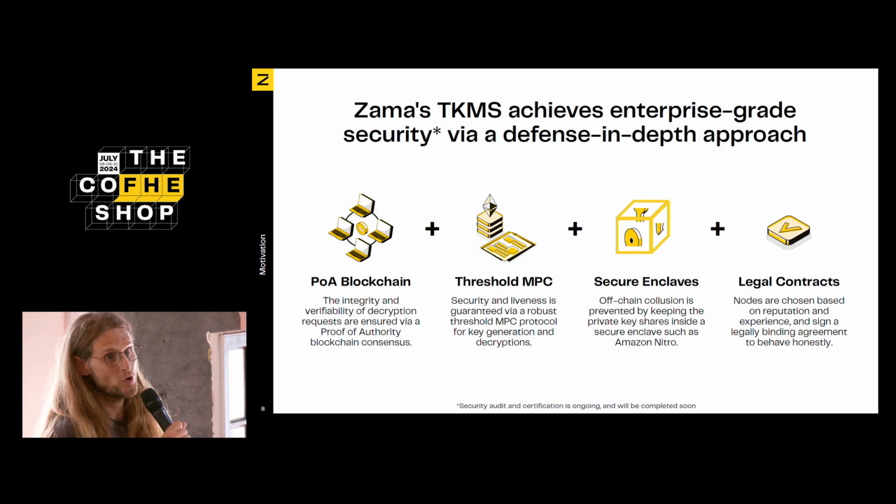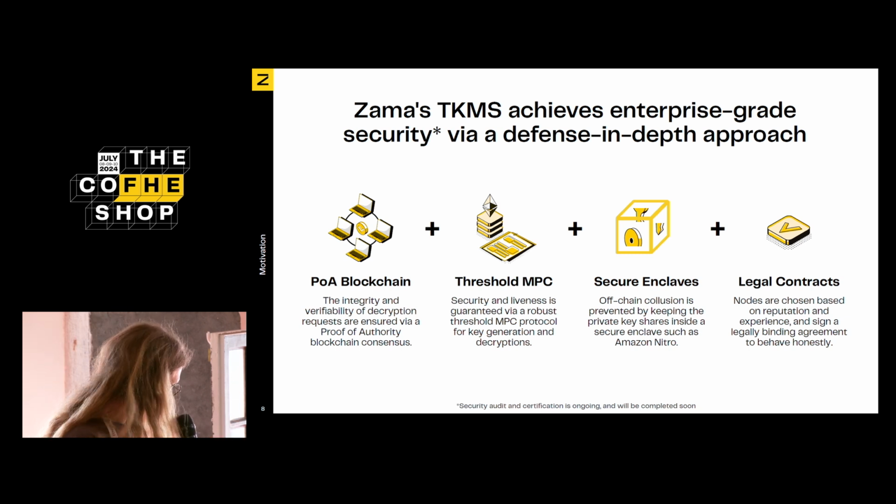We use threshold secure multi-party computation in order to get a decentralized way of actually managing the secret key. We use secure enclaves on top of this in order to enhance security and protect even against malicious host and party. In a similar manner, we combine a legal framework to have legal contracts of service for the parties which act in the MPC protocol and which act on the POA blockchain.